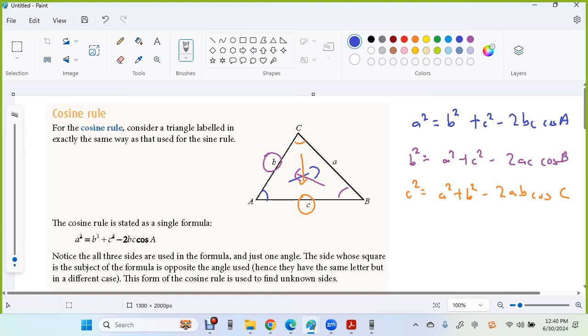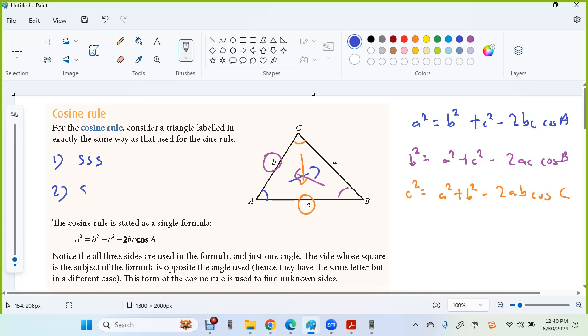For the cos rule, there are two cases where we use it. We have SSS, all three sides given, and the question asks you to find one of the angles, then we use cos rule.